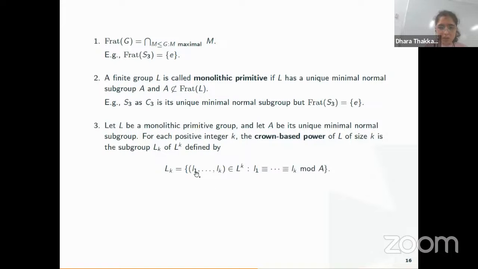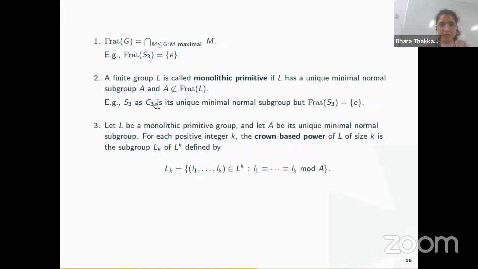It contains all those tuples of length k from the direct product of L, such that this condition holds: that L1 is congruent to L2, congruent to L3, and so on, L(k-1) is congruent to Lk modulo A.